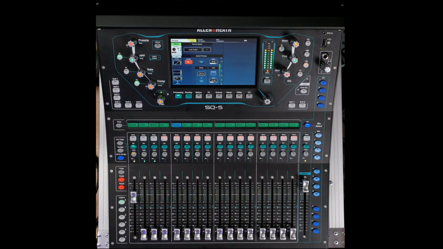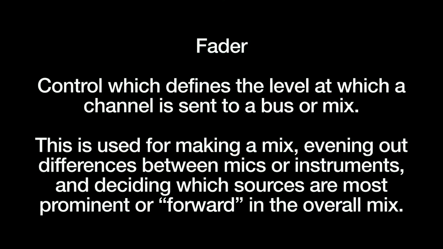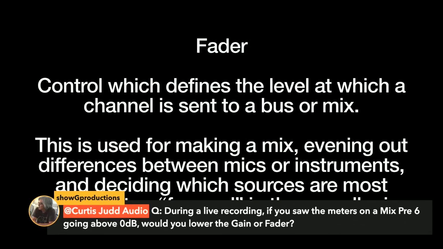Okay, any other items in the chat that we need to cover here? All right, Shoji, during a live recording, if you saw the meters on a MixPre 6 going above 0 dB, would you lower the gain or the fader? Which meters? That's the first question, Shoji. Are you talking about the mix meters, or are you talking about channel meters?